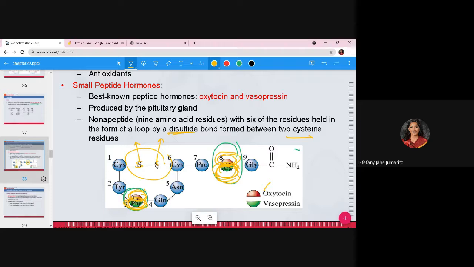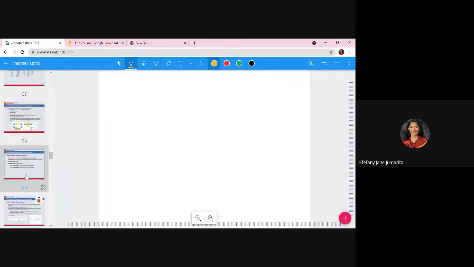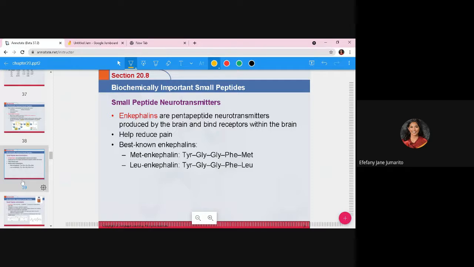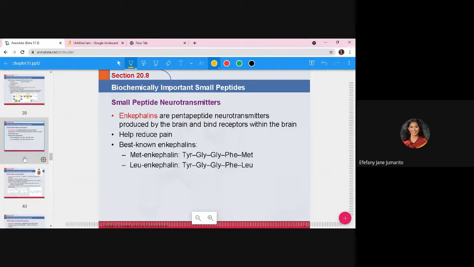Disulfide bonds. This one. Okay. So cysteine is the only amino acid that has sulfur.